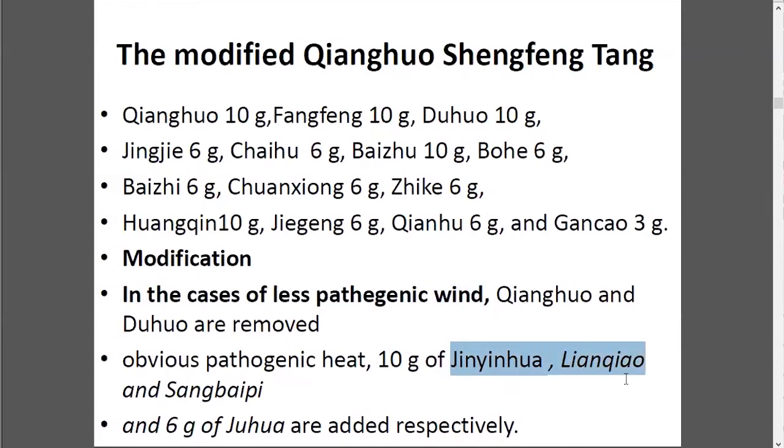Like we say, if we don't use this formula, we can just directly use 银翘散 and then modify it from there, adding some other herbs. It's still good.